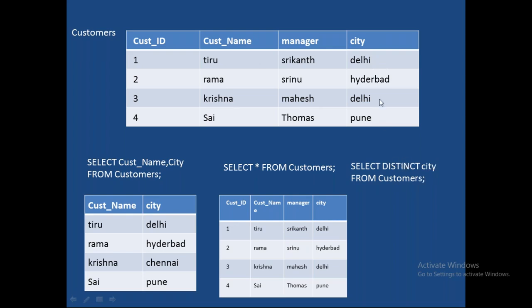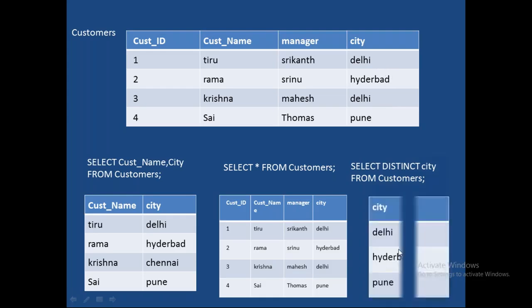Distinct means if Delhi is repeated twice, in my result I will get Delhi only one time. Distinct means unique names I want. If the Delhi name is repeated twice, I don't want to see it twice. I want to see it only one time. In that case, distinct city is it.